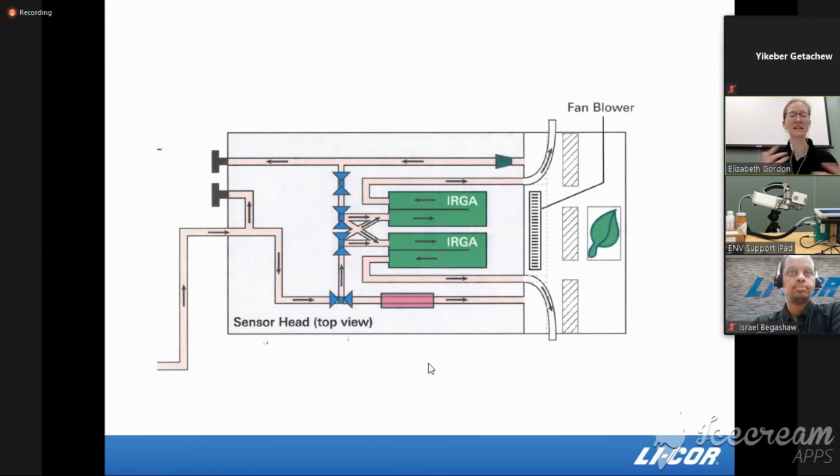We have flow meters that are on the external. We have a main flow meter and other flow not actually shown here.